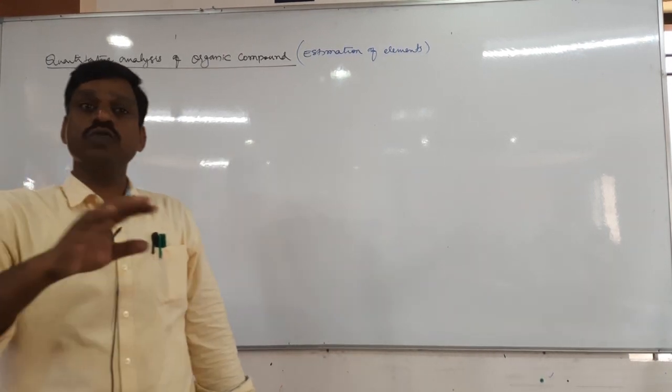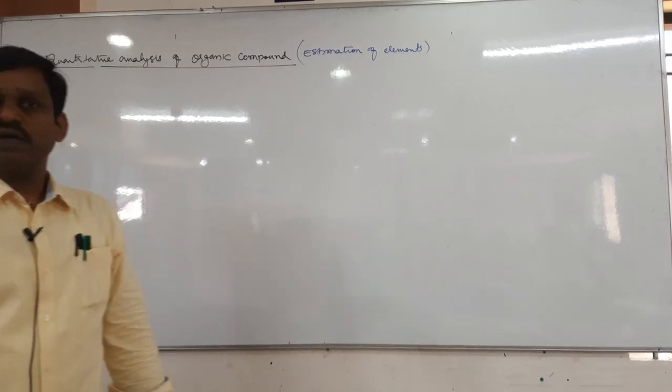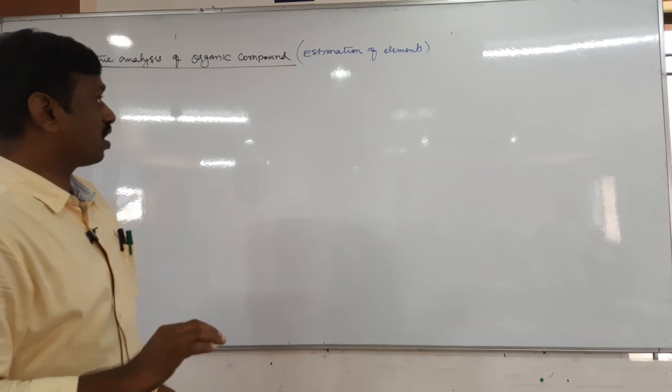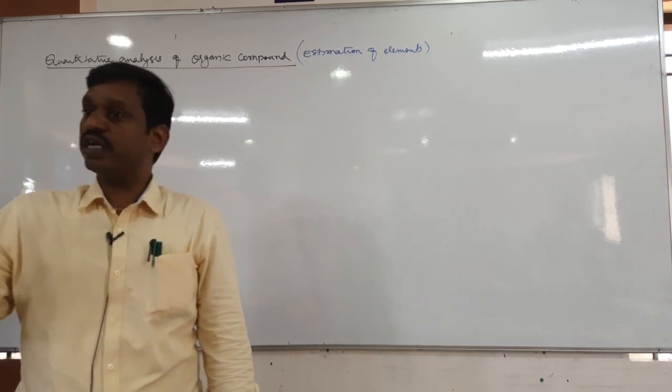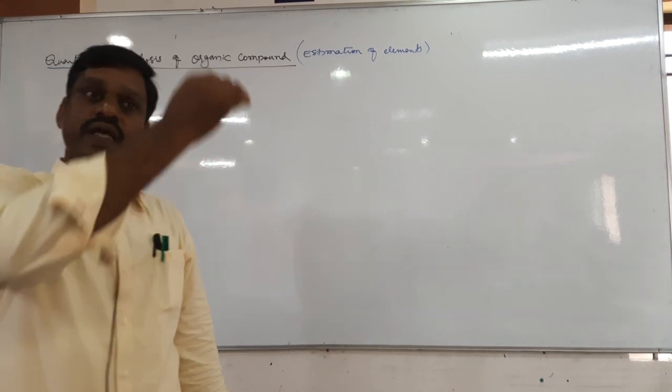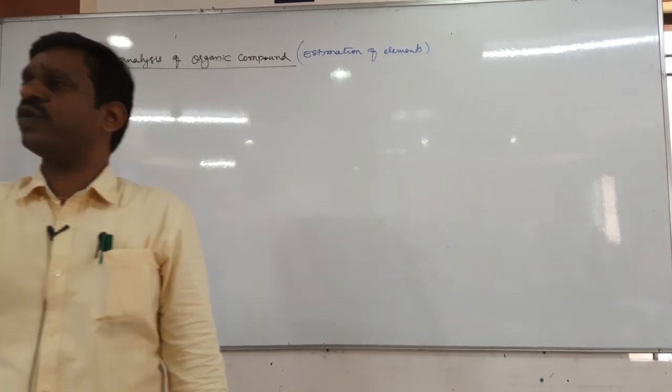Based on this, numerical questions come. So we need to understand the formulas, particularly for estimation of hydrogen and carbon. If you understand estimation of hydrogen and carbon, all the remaining methods are the same except nitrogen.